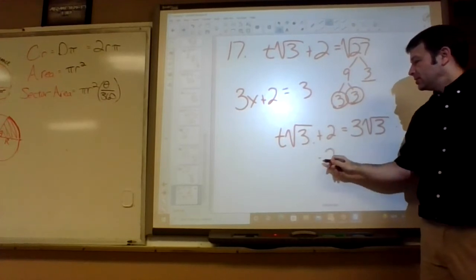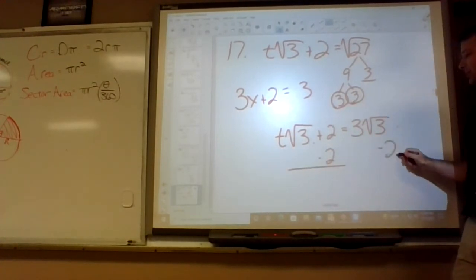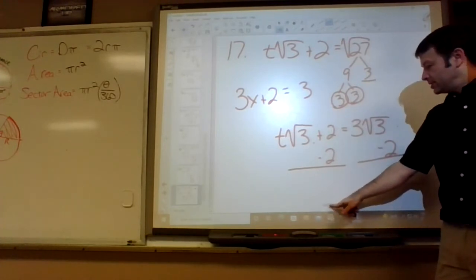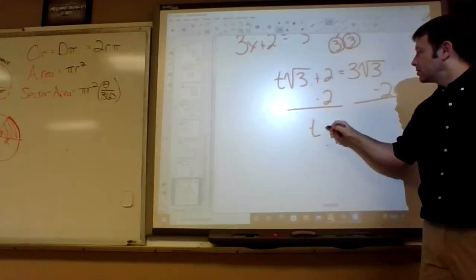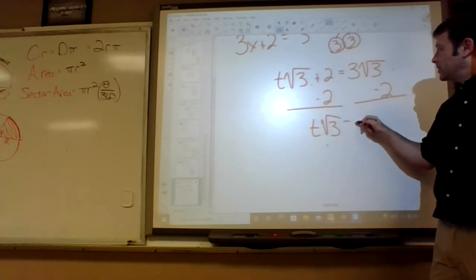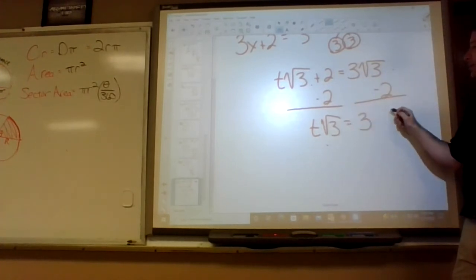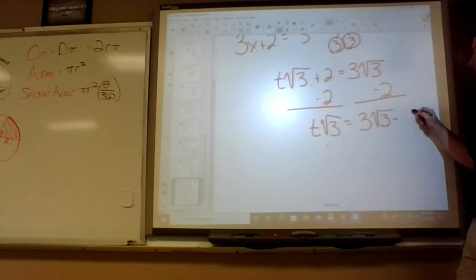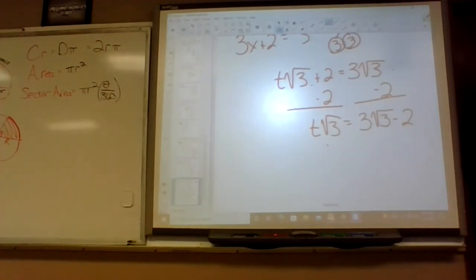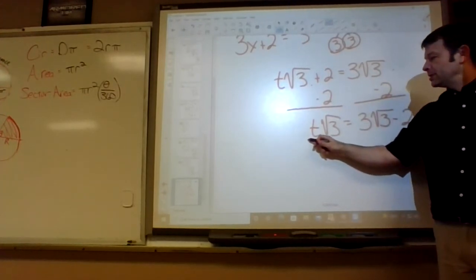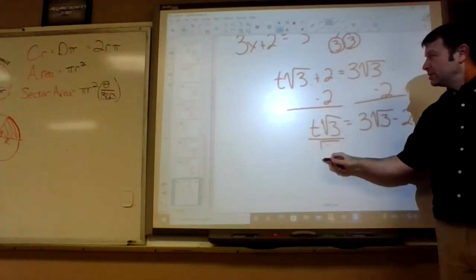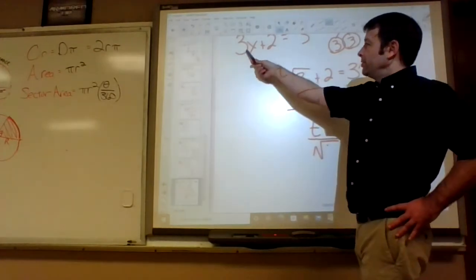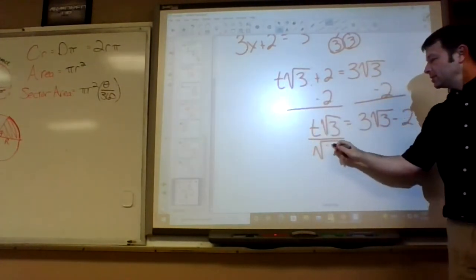Okay. So minus 2, that does not simplify, but you still need to bring it over there. So the right side is just 3 square root of 3 minus 2. Instead of dividing by 3, I'm dividing by square root of 3.